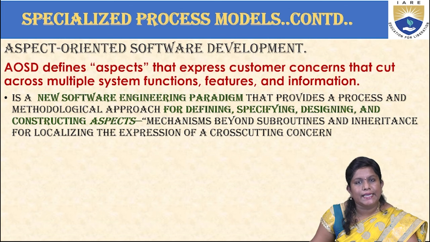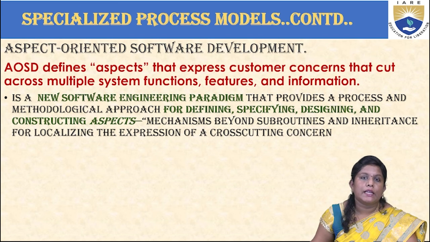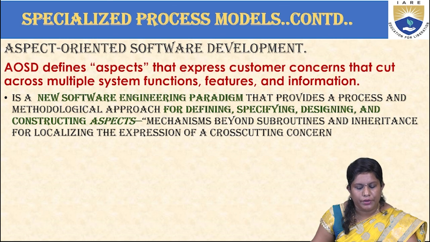Coming to the next category, that is aspect-oriented software development. In short, it is termed AOSD. It is trying to define aspects that express customer concerns that cut across multiple system functions and features. So as the name suggests, aspect-oriented software development is trying to express concerns of different customers on a multi-based system, and it involves various multiple function features and information, right?